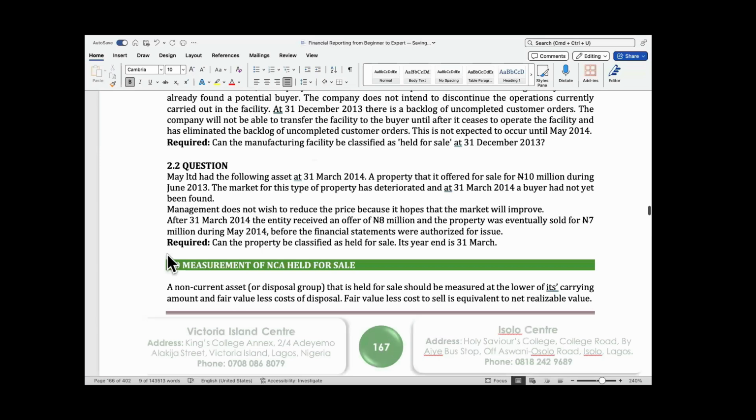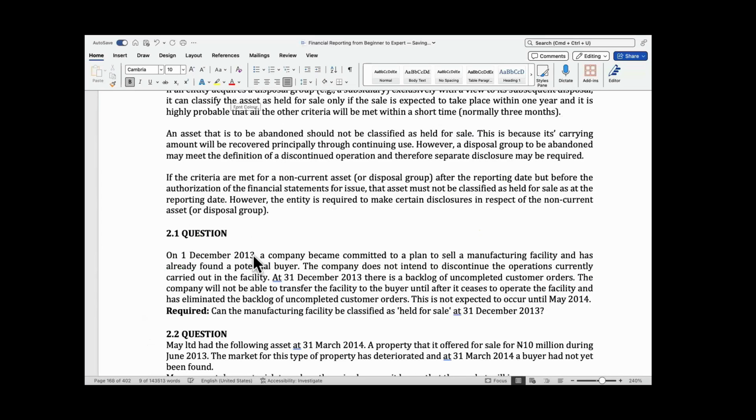It says on 1st December 2013, a company became committed to a plan to sell a manufacturing facility and has already found a potential buyer. The company does not intend to discontinue operations currently carried out in the facility. At 31st December 2013, there is a backlog of uncompleted customer orders.